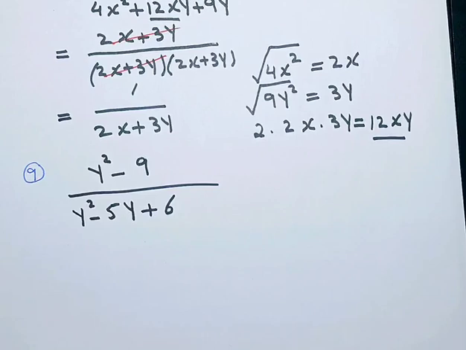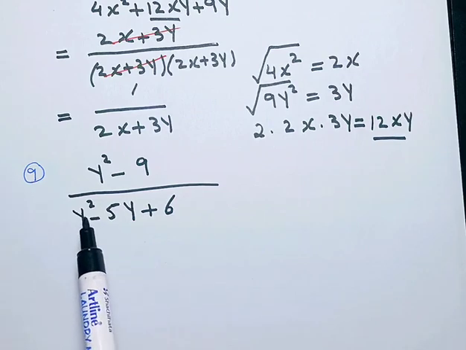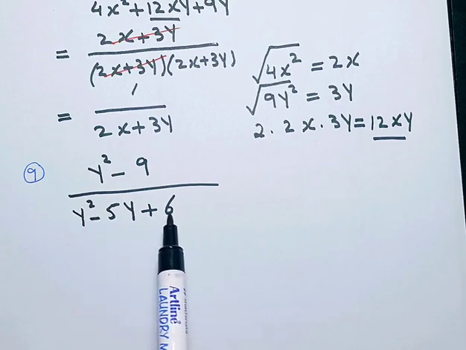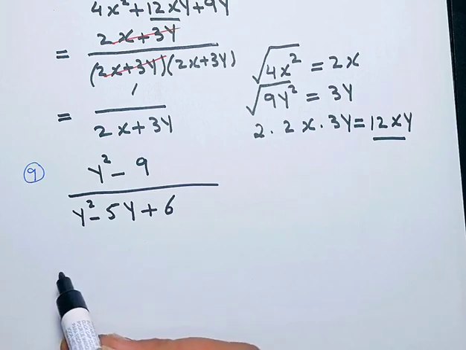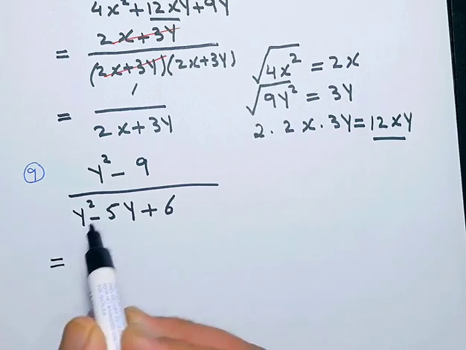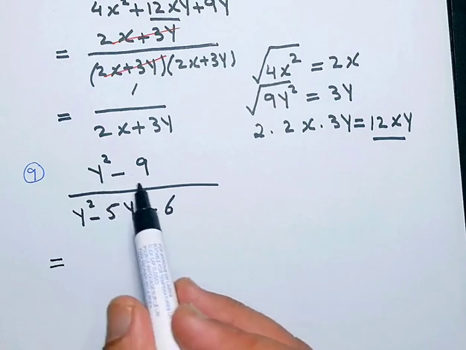So this is my question number 9. The top is a difference between squares, and the bottom is a normal trinomial. The first term is a perfect square, but the last term is not a perfect square. Let's solve this question. So y squared minus 9.